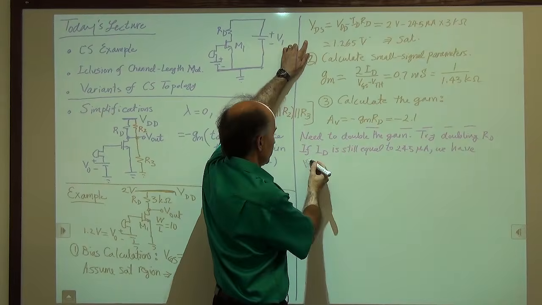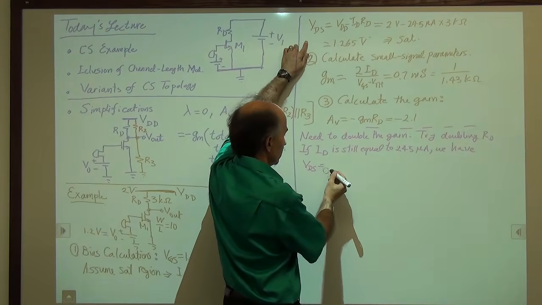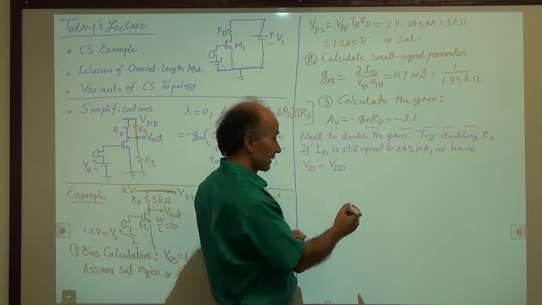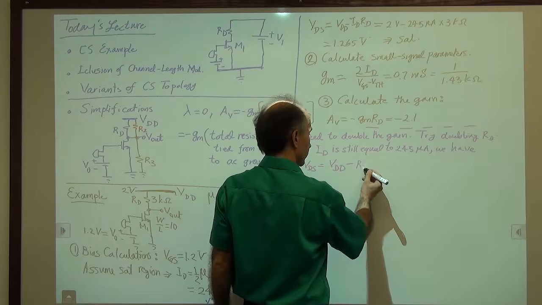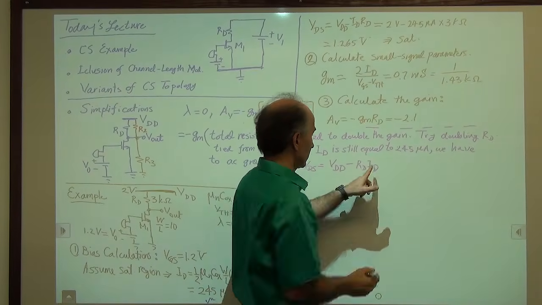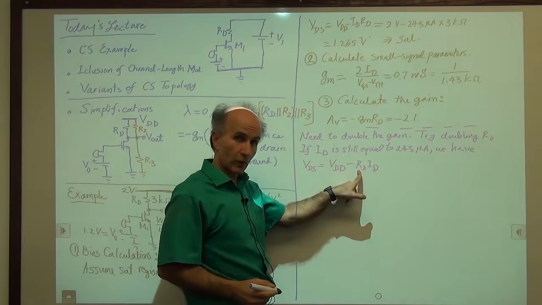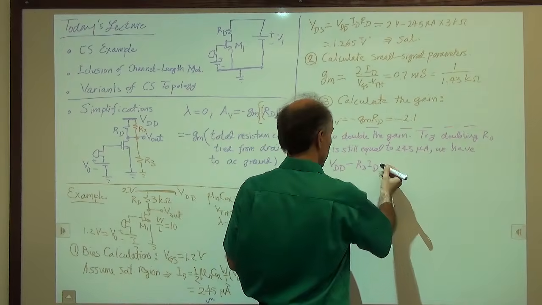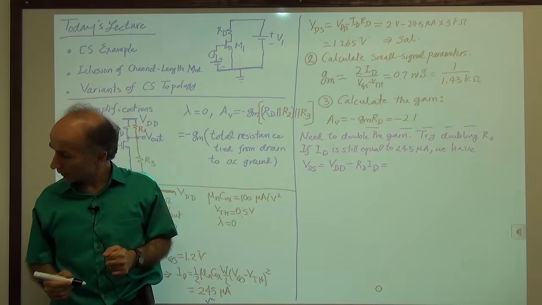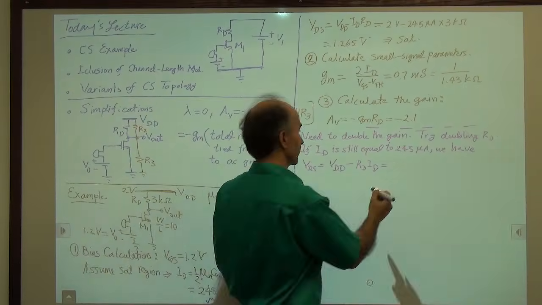The drain source voltage is equal to VDD, which hasn't changed, still 2 volts, minus RD times ID. We have assumed ID hasn't changed, but RD has doubled. So let's plug in the numbers here and see what we get. And now we get a VDS equal to 0.53 volts.